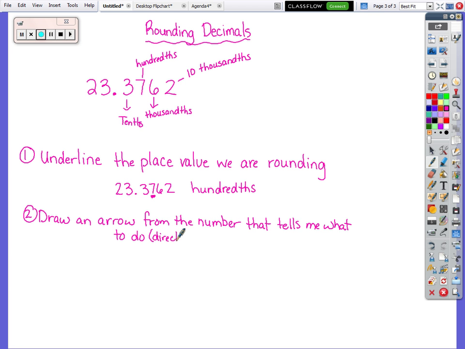So in this case, if we're rounding the 7, the 6 is going to tell the 7 what to do. Just like rounding, 5 and above, give it a shove. 4 and below, let it go.